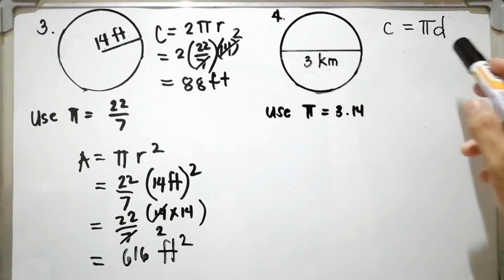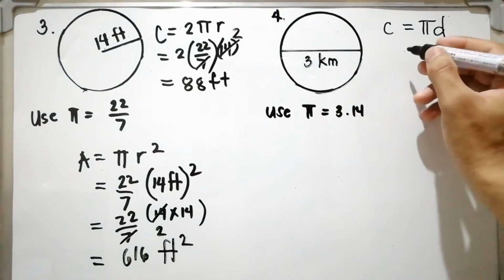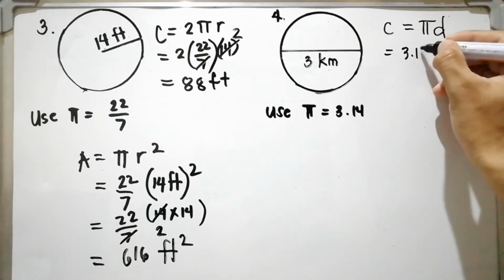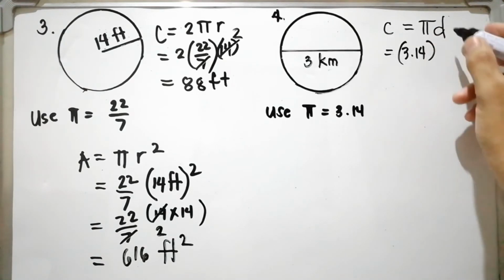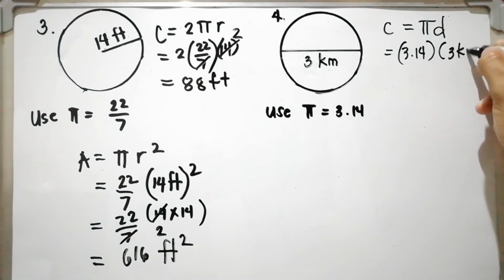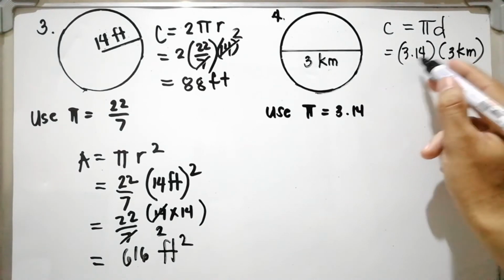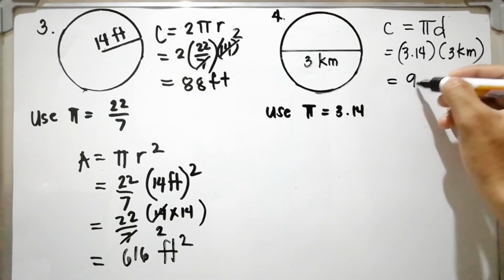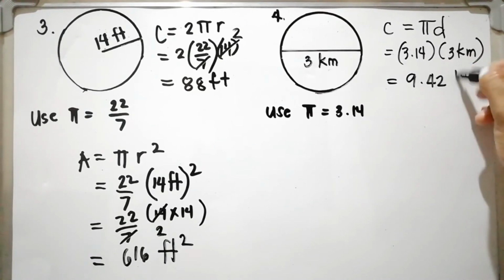Let us substitute the values in the formula. So that is equal to pi, which is 3.14, times d, the diameter, which is 3 kilometers. Then multiply 3.14 times 3, that is equivalent to 9.42 kilometers.